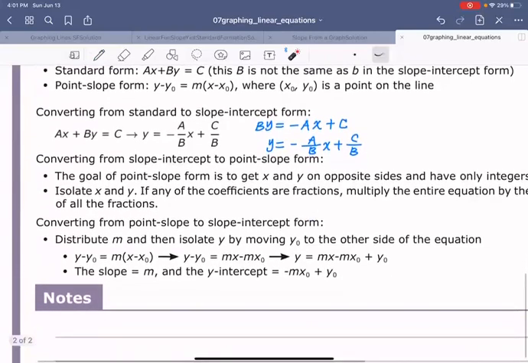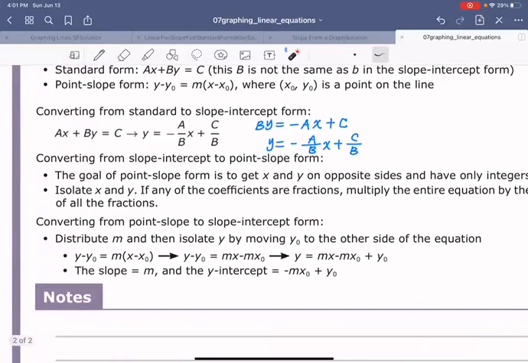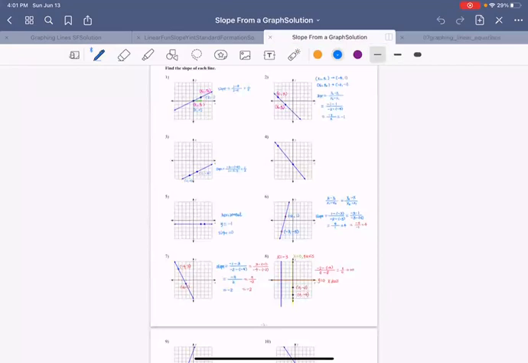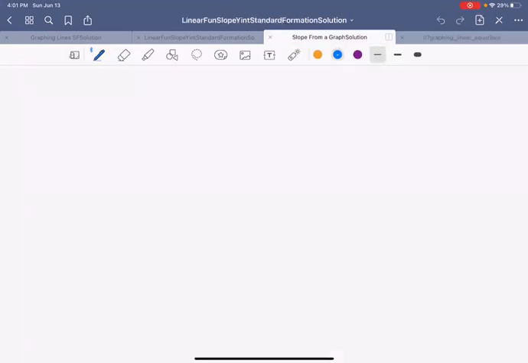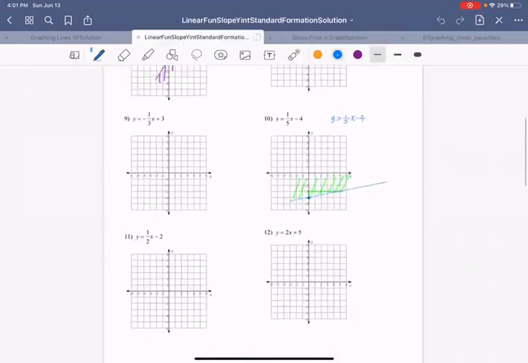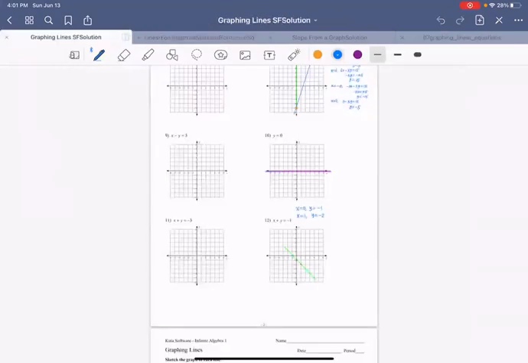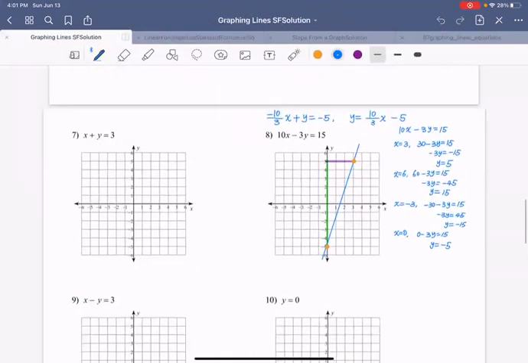Now, if you want to convert from slope-intercept to point-slope, you can use any point. For example, this is the question we did just now. You say, I want to change this to a point-slope format.